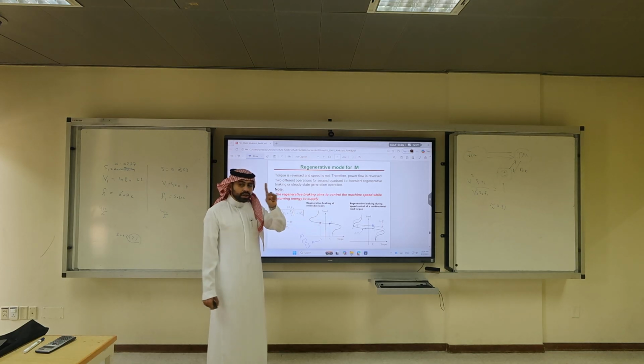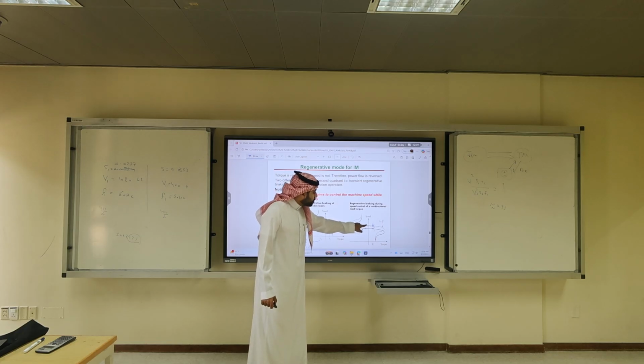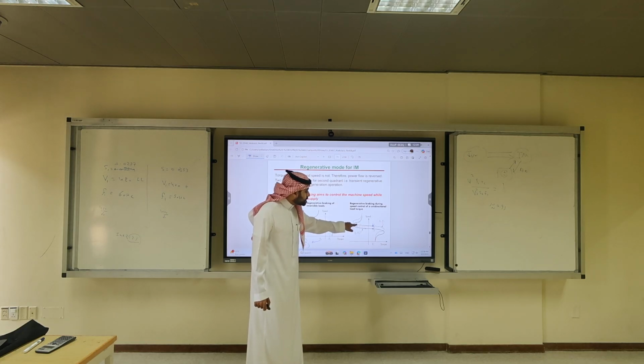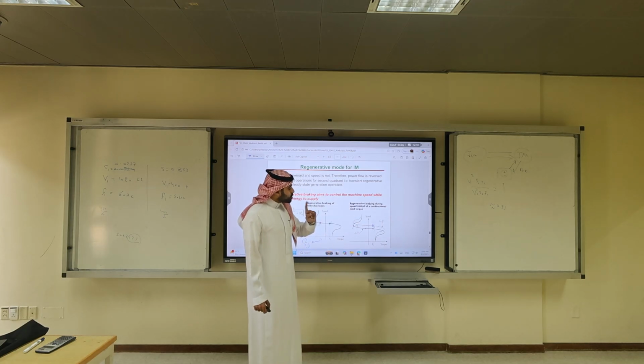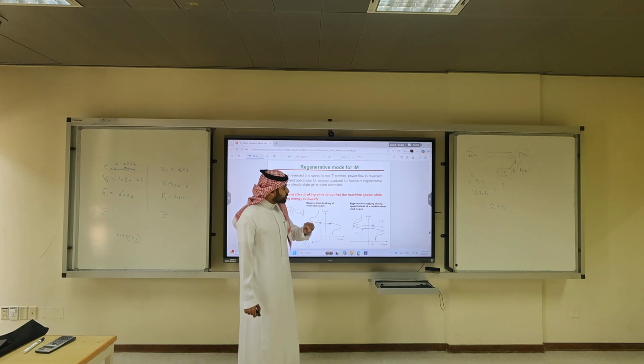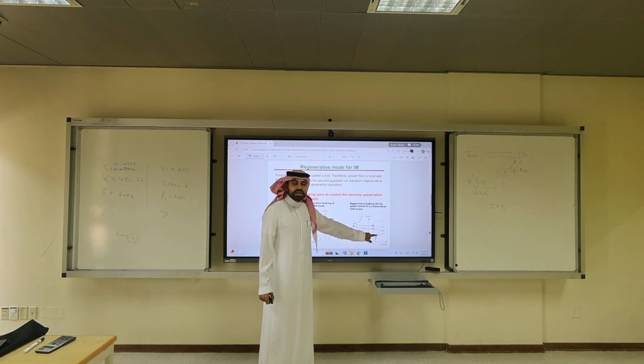But if I have a unidirectional torque, I am not allowed to operate, to go through this speed, through this torque, if I want to have regenerative braking. So my only solution is I have to change V over F, meaning I have to change the synchronous speed.